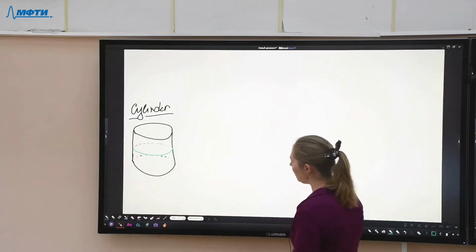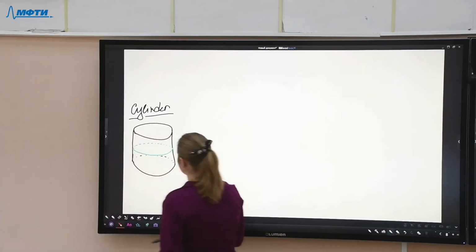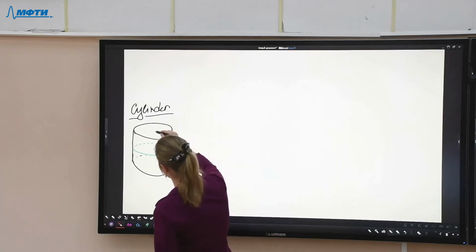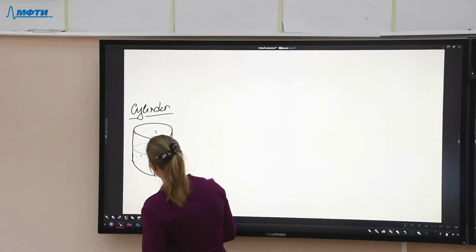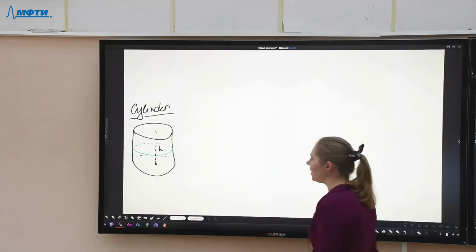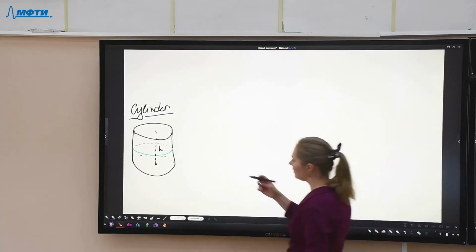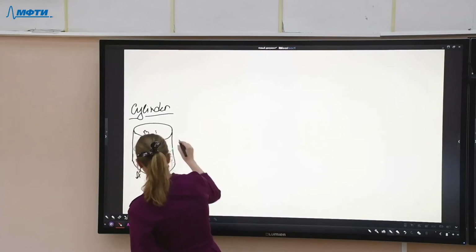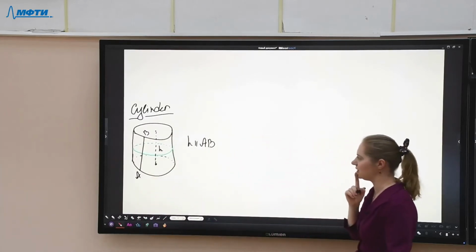If we take a point here and drop a perpendicular to the other base, and if this altitude, let it be h, is parallel to a line segment on the face, for example here, we are talking about a right cylinder, a right circular cylinder.